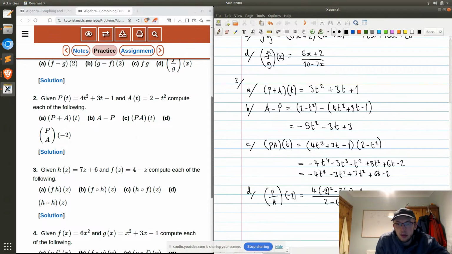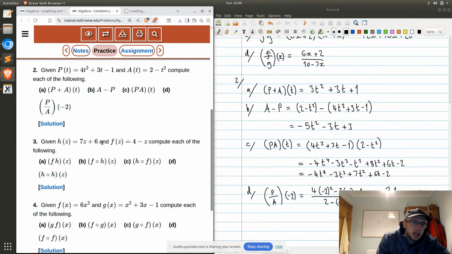I mean, I'll just compute the top. So I get 21. And down here, I get -2. So -21/2. And now we must check. We must check everything.